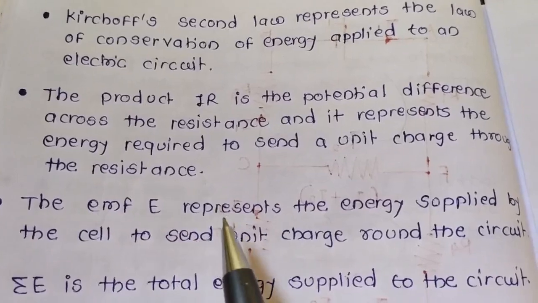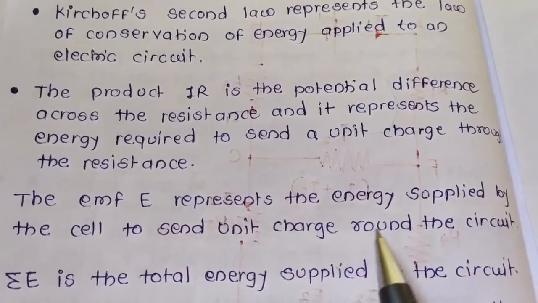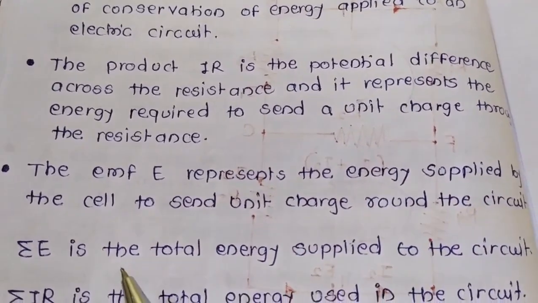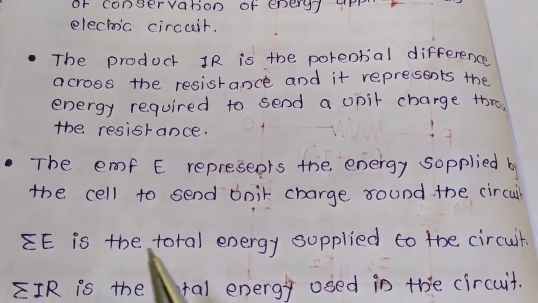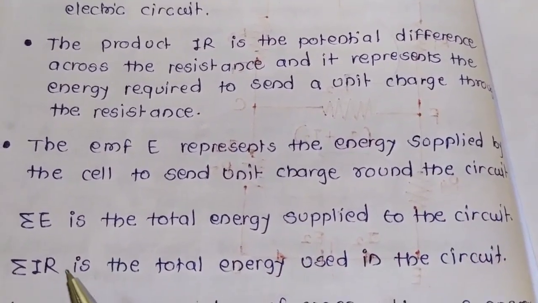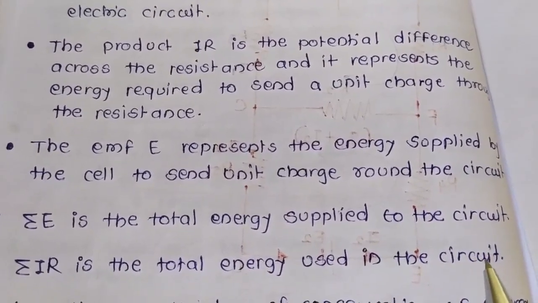The EMF E represents the energy supplied by the cell to send the unit charge around the circuit. Summation of E is the total energy supplied to the circuit. Summation of IR is the total energy used in the circuit.